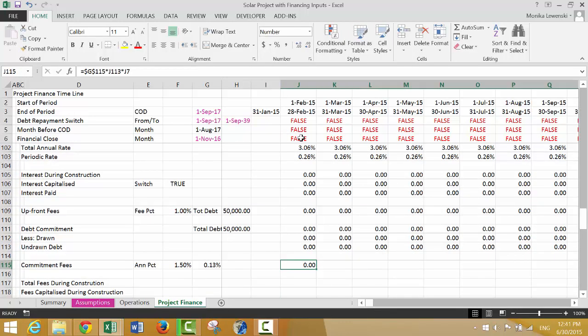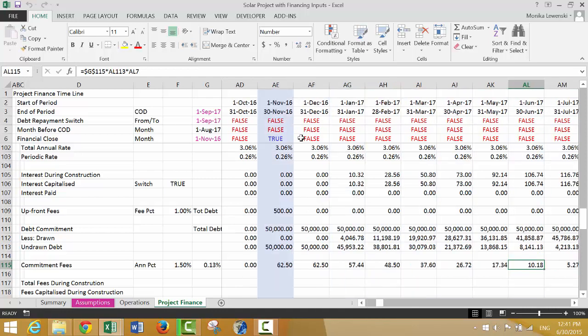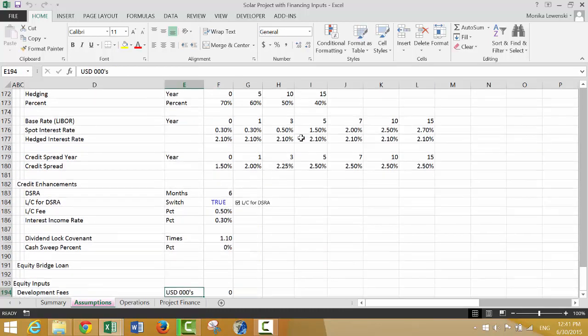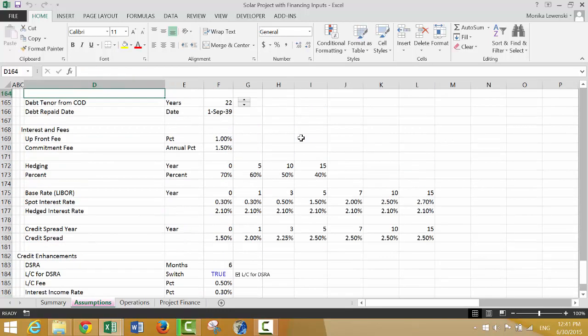Okay, so if we see this, here's our commitment fee, and it's going down. Now, okay, why did we draw more than, I want to switch the capitalized switch to false for now.